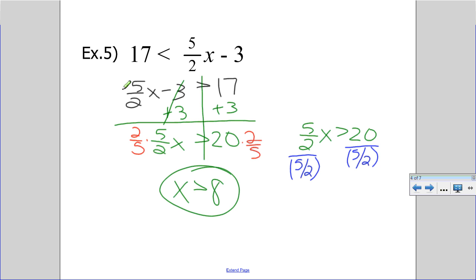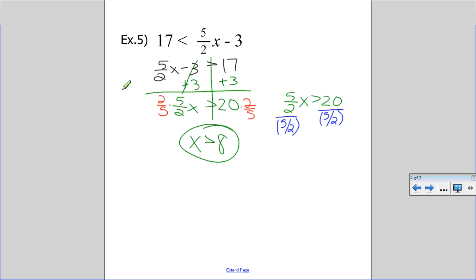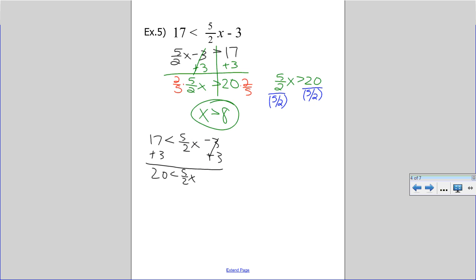Okay. You switched the whole problem around with changing the sign, so if you rewrite the equation it would still be wrong. So what do you have written on your paper right now, Austin? I just added x less than. You cannot have it pointing at the x. That has to be pointing at the 8. So you had this, correct? Yeah, I just did it the way it was. So you added 3, correct? So you had 20 is less than 5 halves x, correct? How did you get rid of the 5 halves?